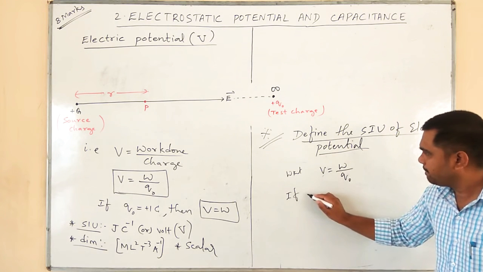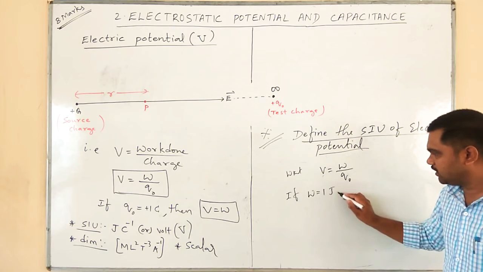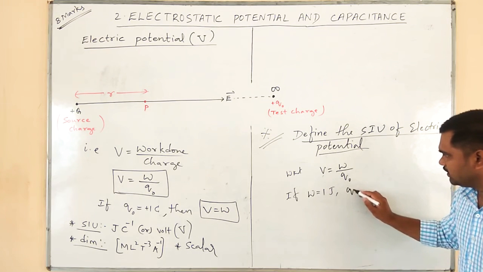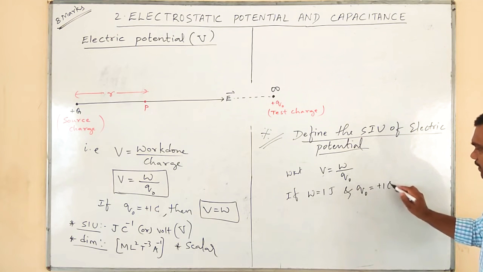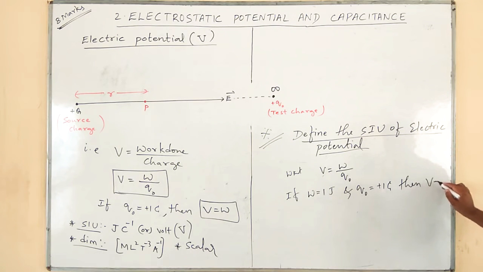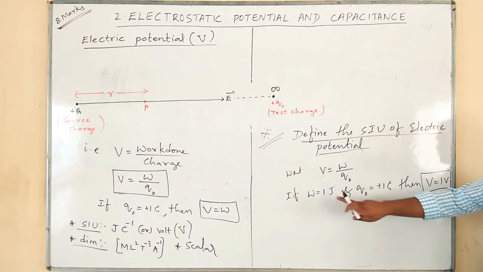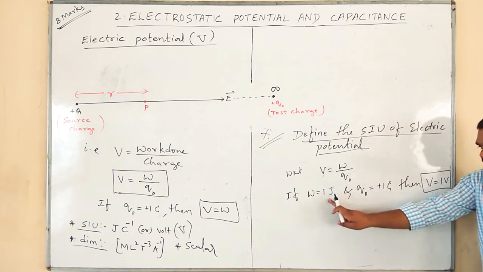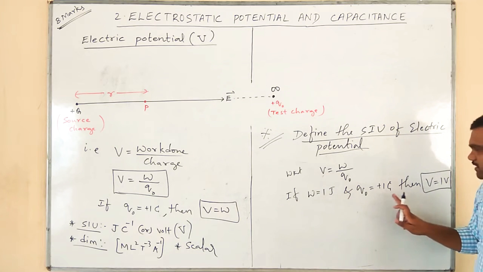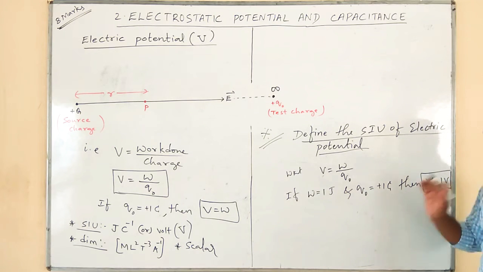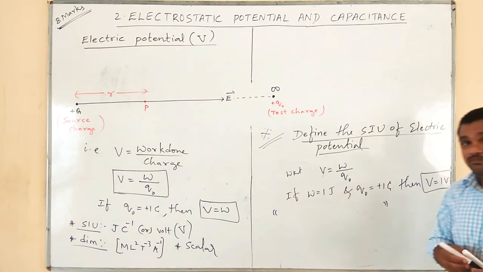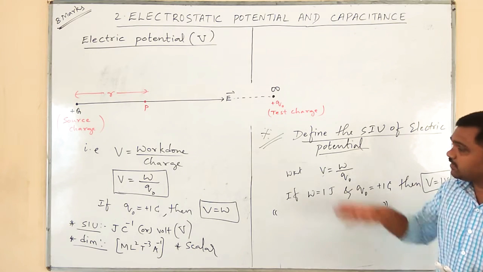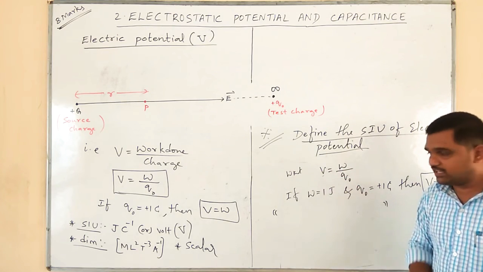If W is equal to 1 joule and Q naught is equal to plus 1 coulomb, then V will be 1 volt. Now you can define the SI unit of electric potential.